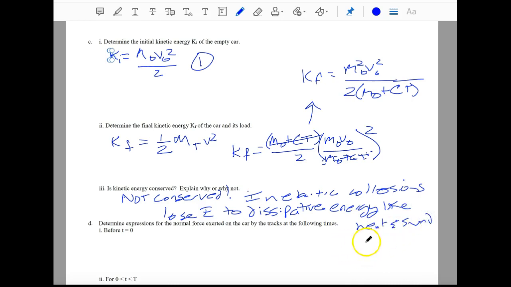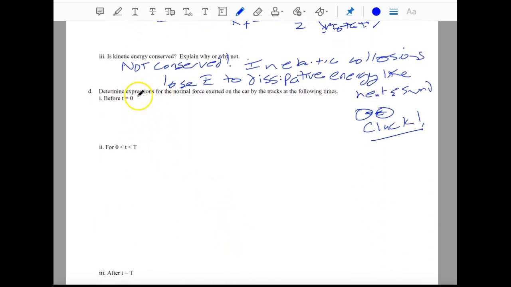And if you think about it, if you have 2 metal balls and they roll towards each other, when they hit, you hear that loud clack. That loud clack is energy being given off in the form of new sound waves that you've made.